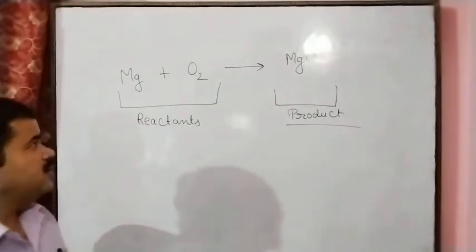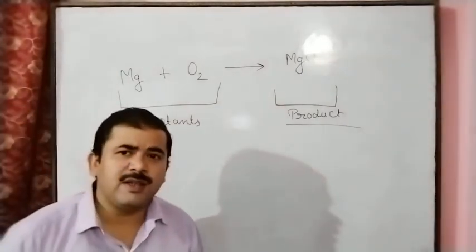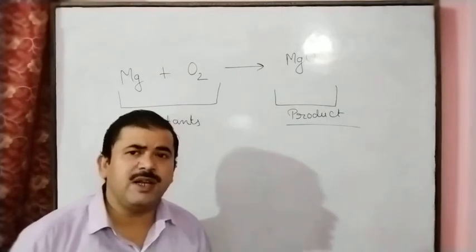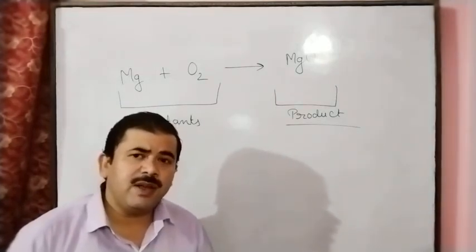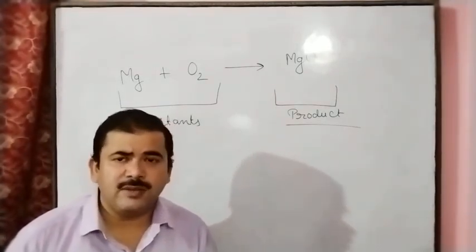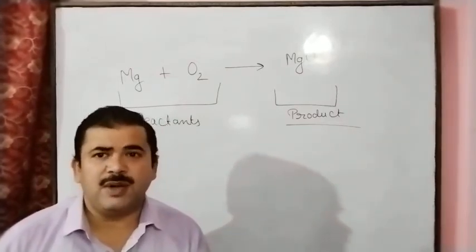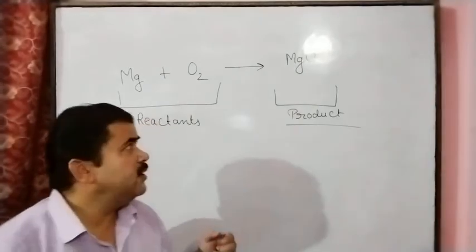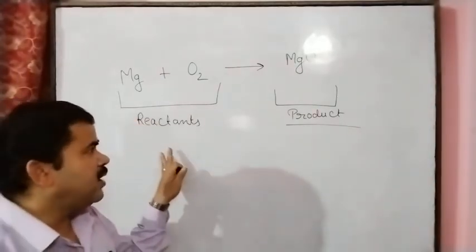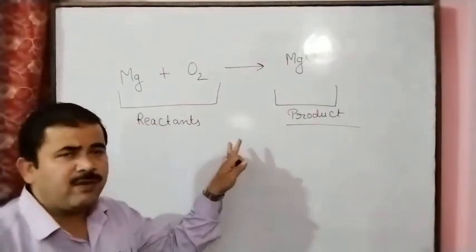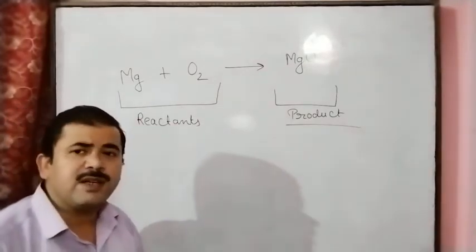There are two methods for balancing a chemical equation: first, the hit and trial method, and second, the partial equation method. The hit and trial method is the simple way for balancing the chemical equation.